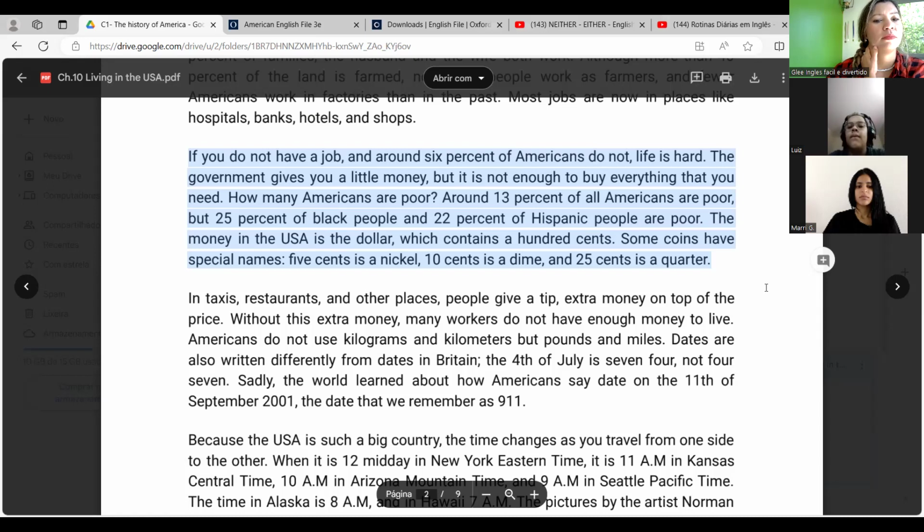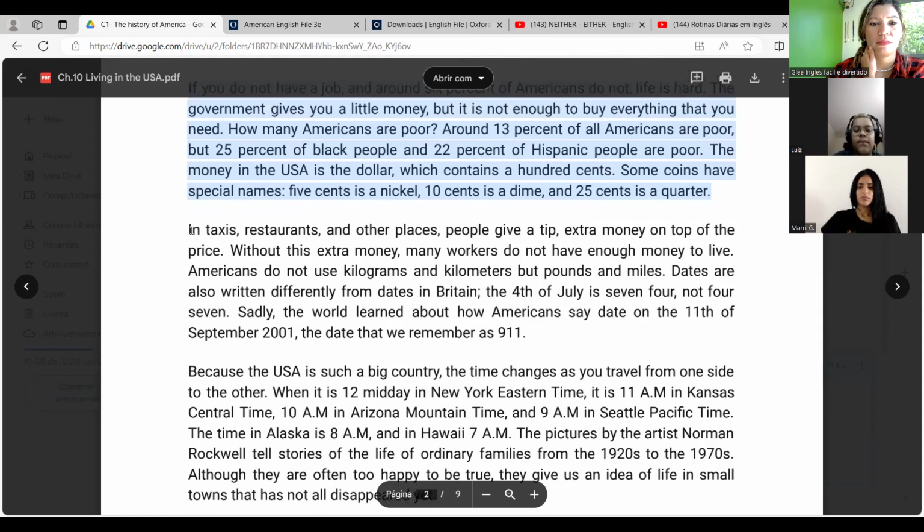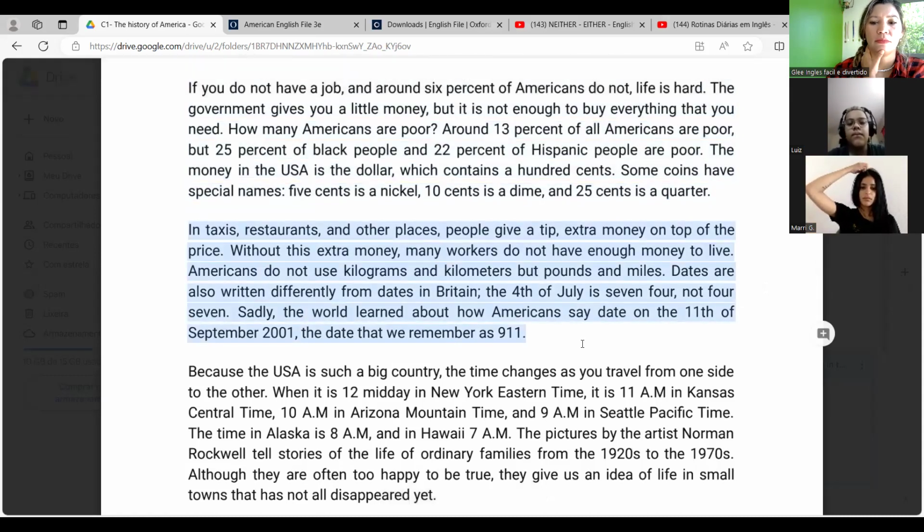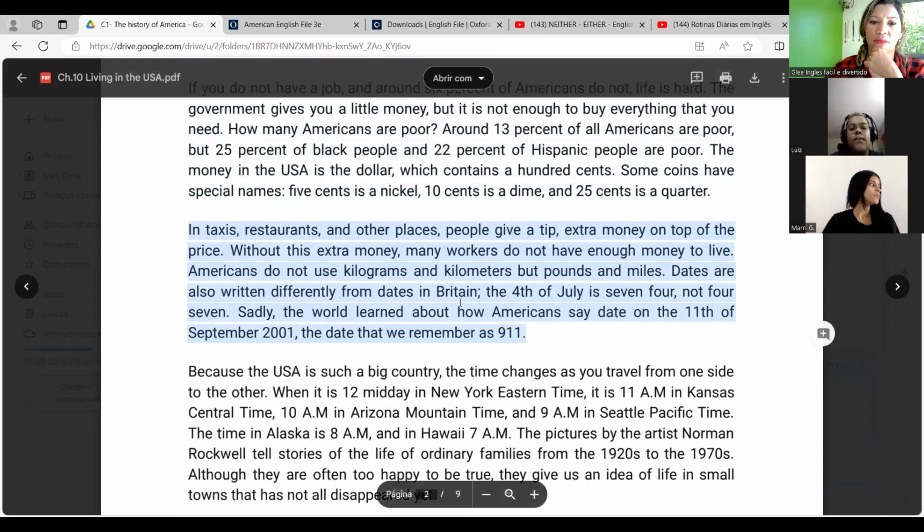Some coins have special names. 5 cents is a nickel, 10 cents is a dime, and 25 cents is a quarter. In taxis, restaurants, and other places, people give a tip, extra money on top of the price. Without this extra money, many workers do not have enough money to live.